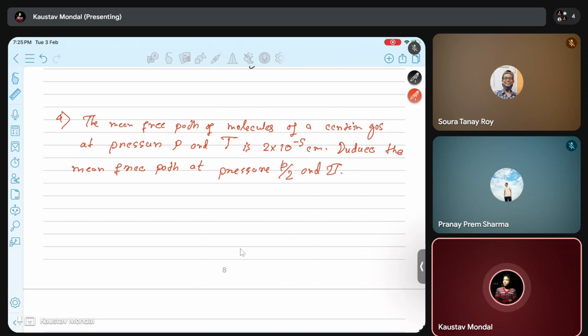Initially the gas molecules have pressure P and temperature T and a mean free path of 2 into 10 to the power minus 5 centimeter. Now if you decrease the pressure by half and double the temperature, what would be the change in the mean free path?